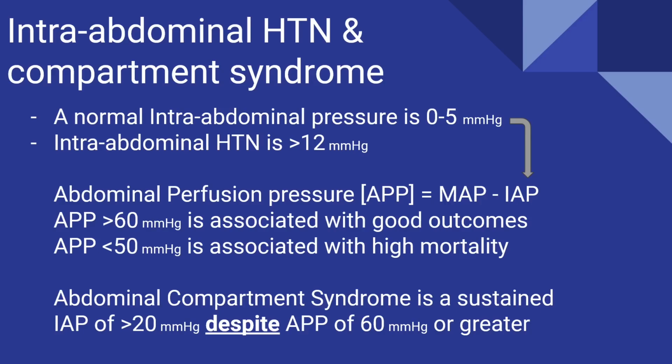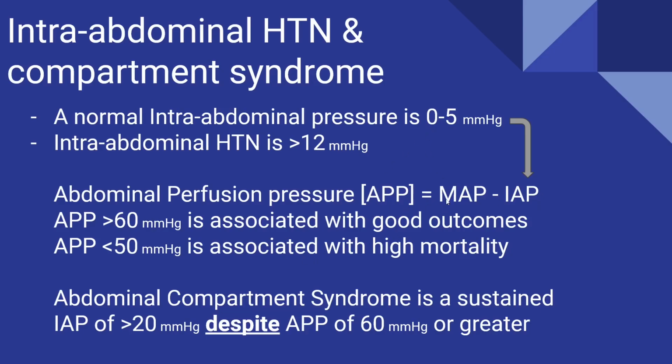So the way we start to look at that is applying the equation of abdominal perfusion pressure, similar to cerebral perfusion pressure. It's MAP minus intra-abdominal pressure, just like cerebral perfusion pressure is MAP minus ICP.